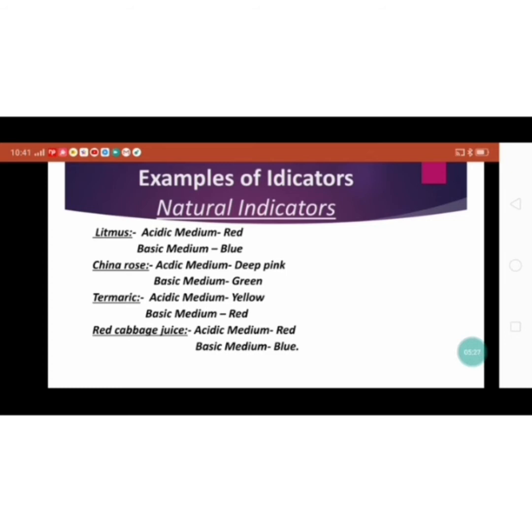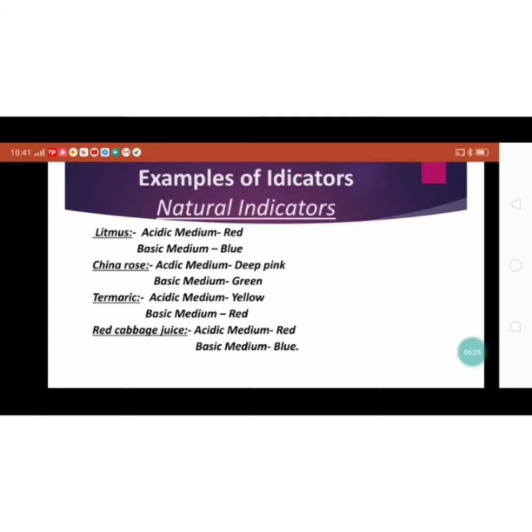Paper strips of two different colors are made from litmus solution, and litmus solution is also available in two colors. The two colors in which litmus papers are available are red and blue. In the same way, litmus solutions are also available in red colored solution and blue colored solution.